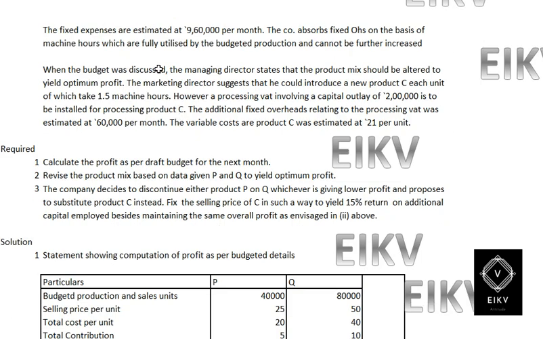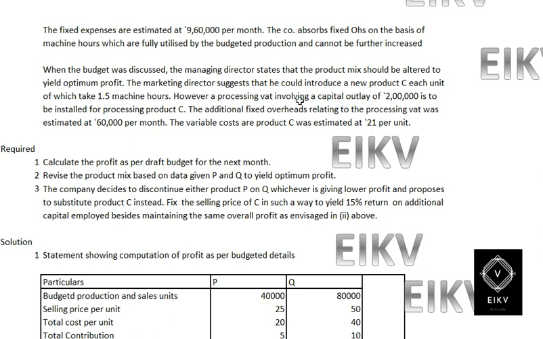Going further, when the budget was discussed, the managing director stated that the product mix should be altered to yield the optimum product mix, which shall be computed by us. The marketing director suggests that he could introduce a new product C, each unit of which takes 1.5 machine hours.